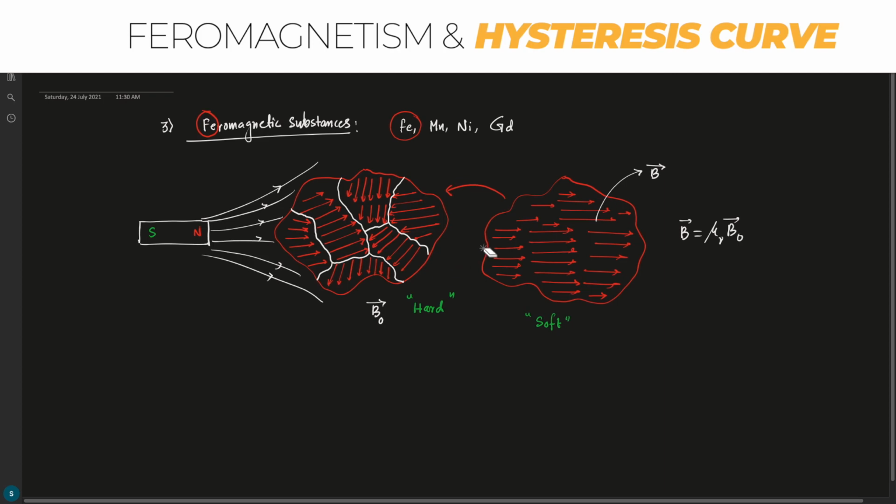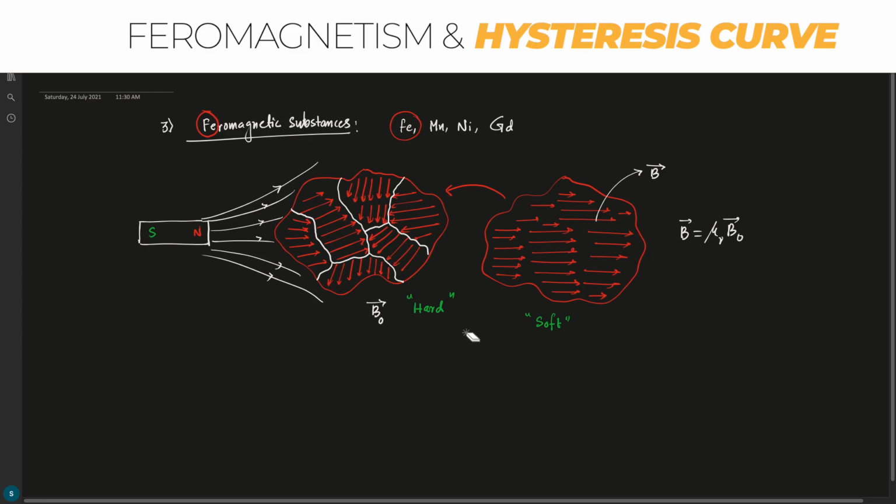What do we mean by the hard and the soft ferromagnets? The hard ferromagnets are those which, after the removal of the external magnetic field, still show the magnetic property inside their domains. That means all the domains do not come back to their original random state. They stay as they were when there was an external magnetic field.